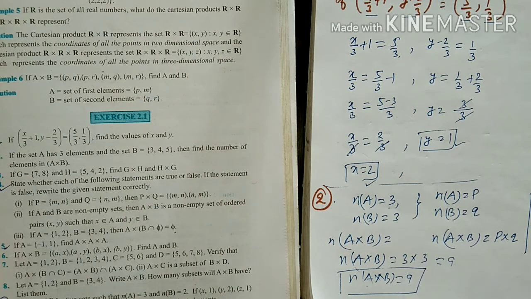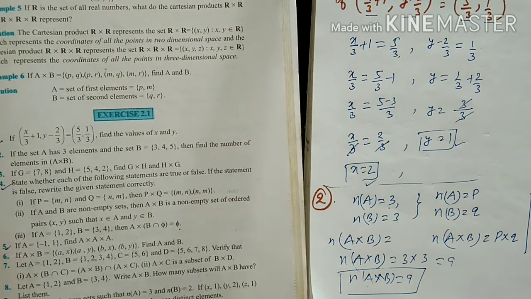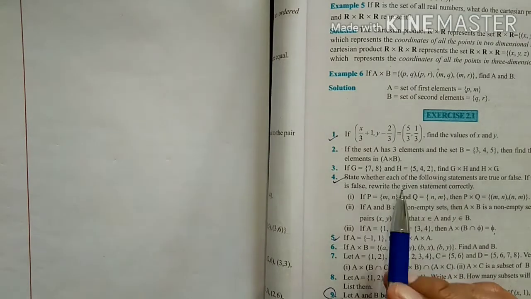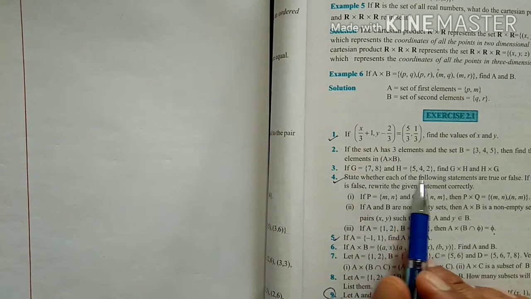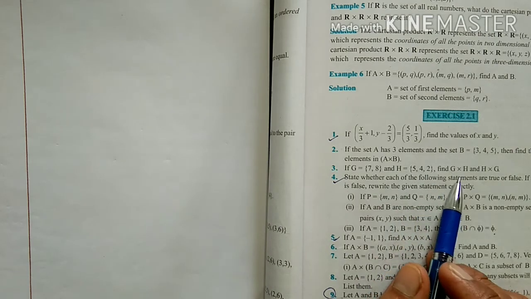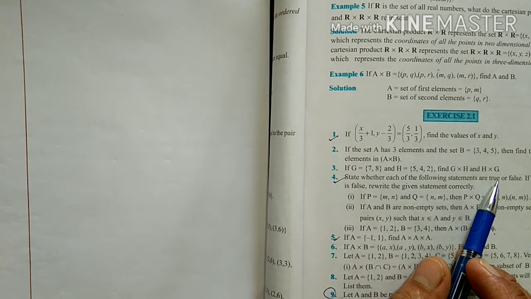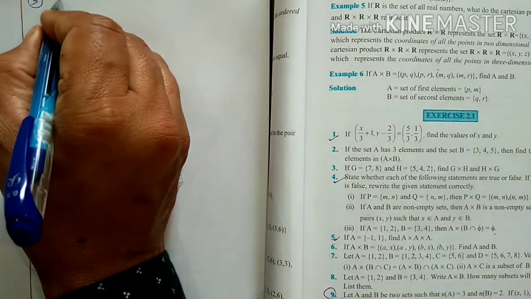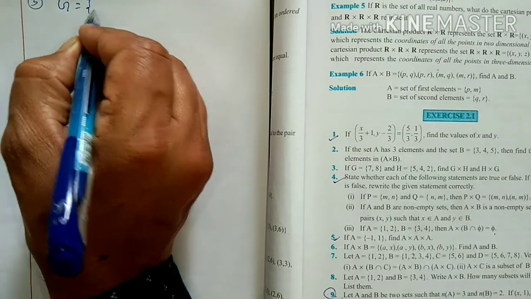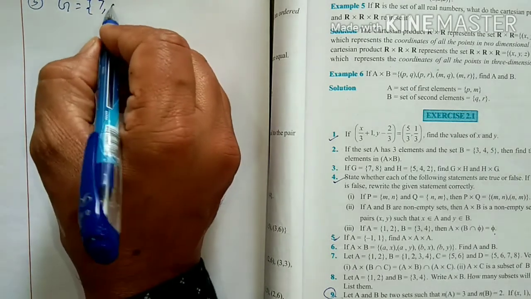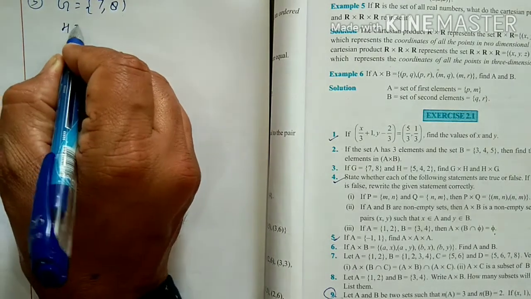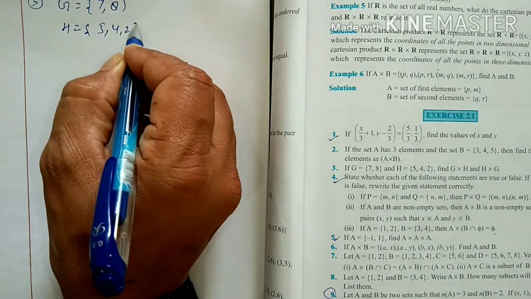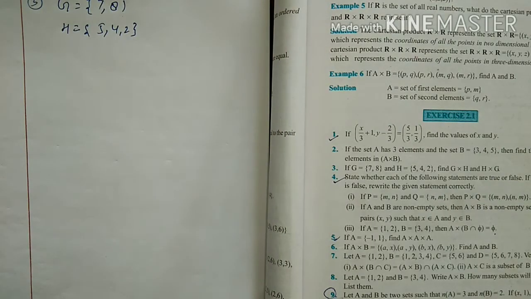Okay, now the next question, the third question. We are given that G = {7, 8} and H = {5, 4, 2}. We have to find G cross H and H cross G. Clear?